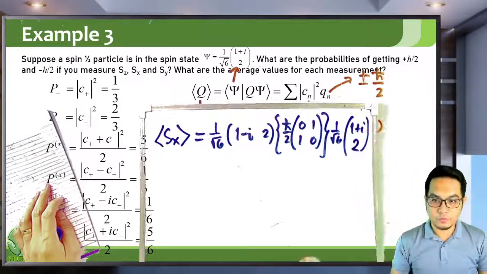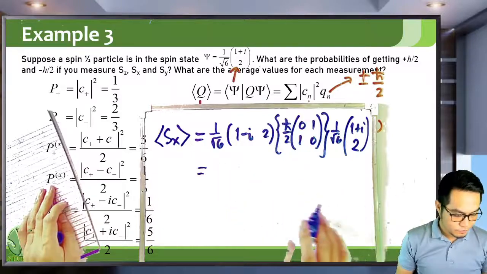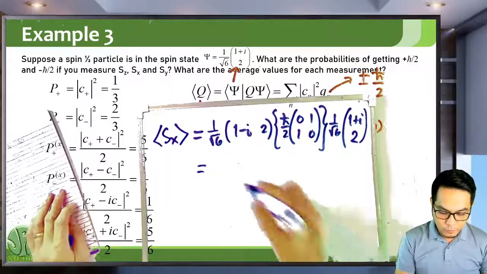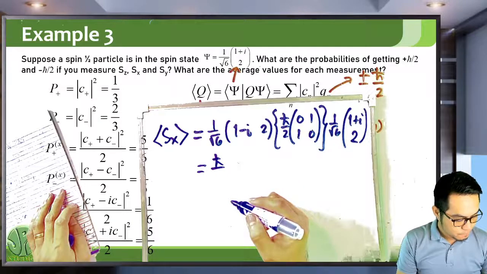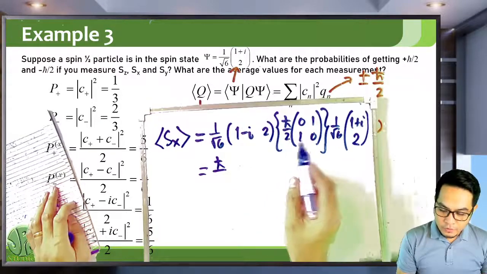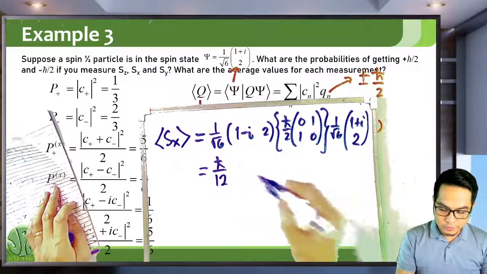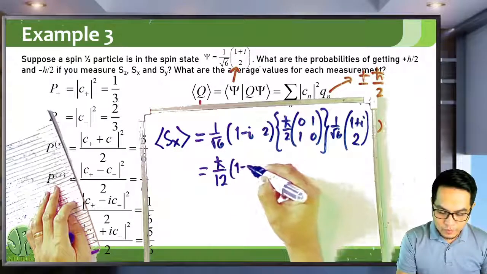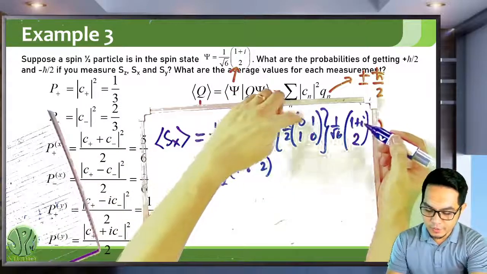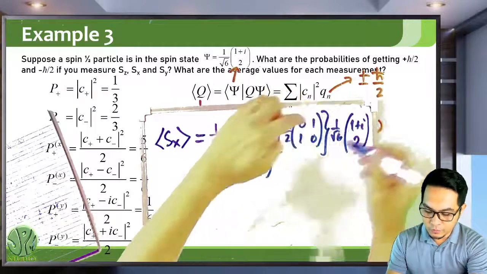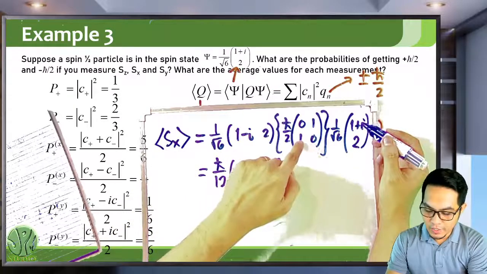Okay, we join all of the constants, that will give you h bar over square root of 6 times square root of 6, you get 6 times 2, so h bar over 12. You get 1 minus I, 2, and the multiplication of these two matrices here. So 0, 2, 2, and then 1 plus I, 0.